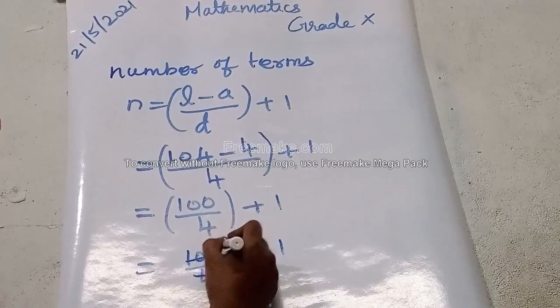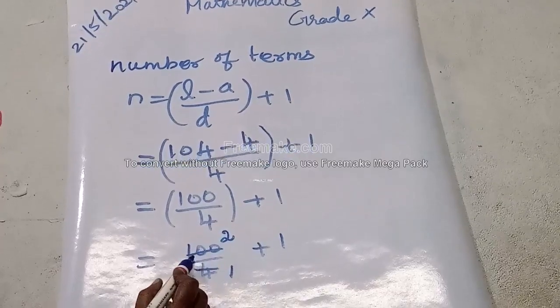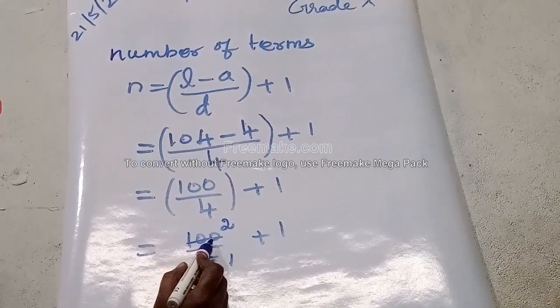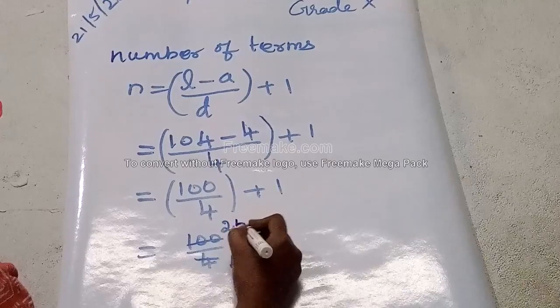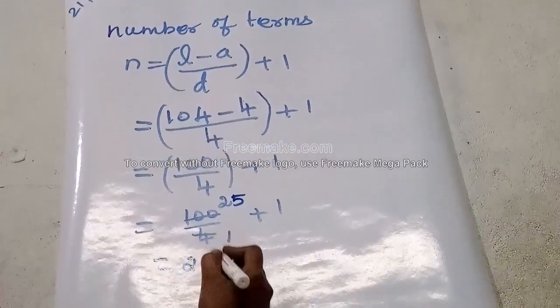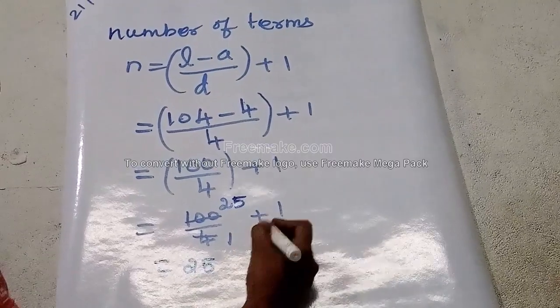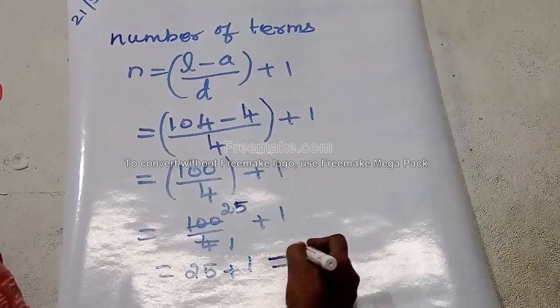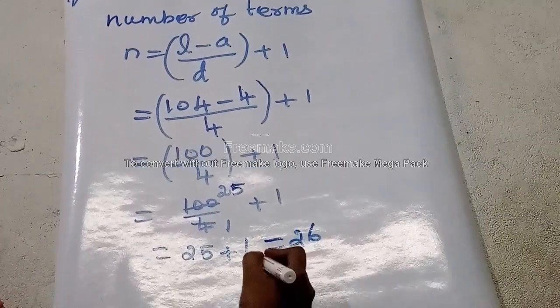Here the numerator will be 2 4s are 8. 2 balance is there. 2 and 0 we have to consider as 20. So 5 4s are 20. So we have 25 by 1, that is 25, plus 1, which is equal to 26.